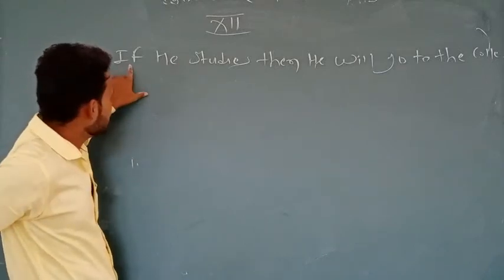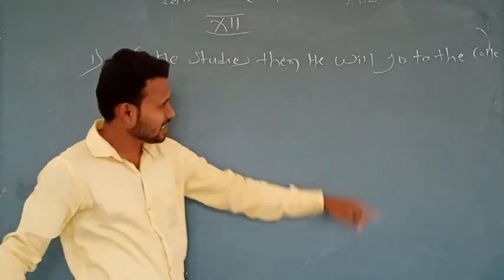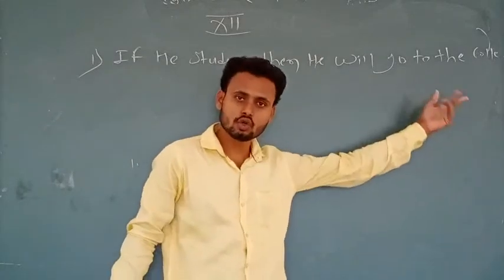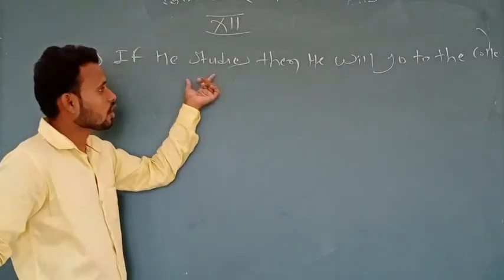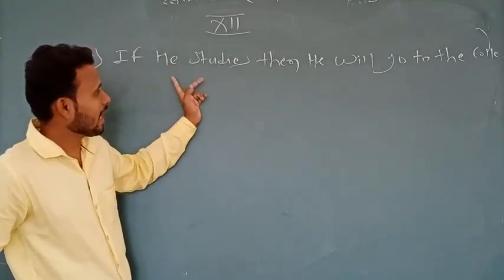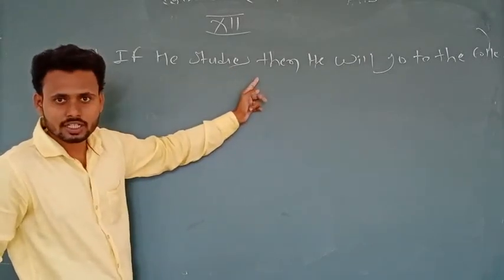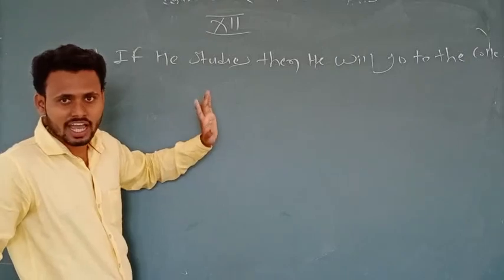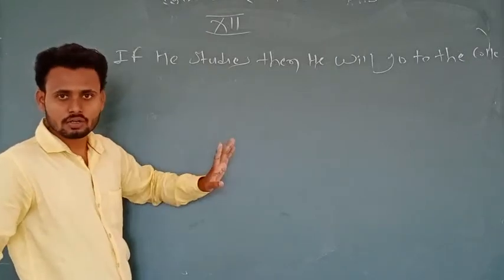The statement is: if he studies, then he will go to college. First we will find the symbolic form of that statement, and then we will find the converse, inverse and contrapositive.